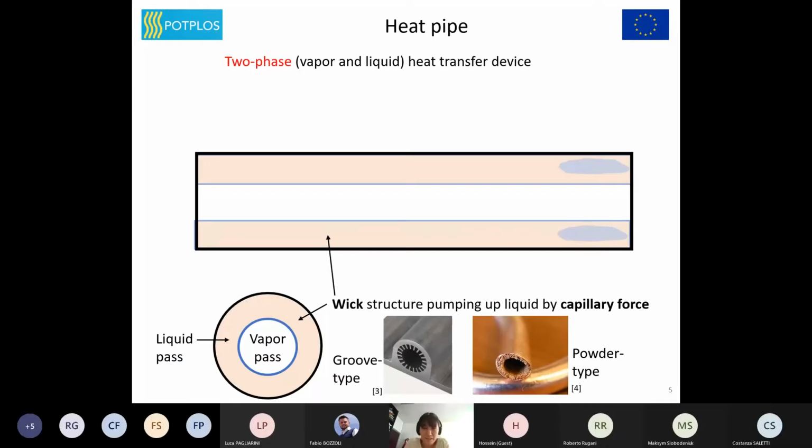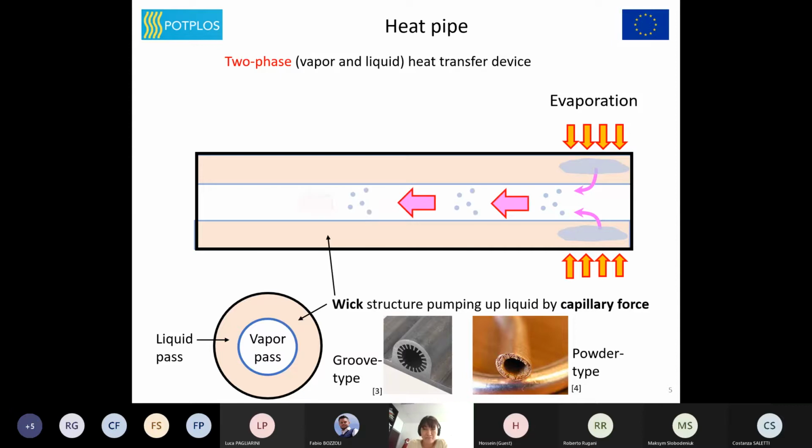They are heat pipes. A heat pipe is a two-phase heat transfer device. Inside the heat pipe, fluid circulates in the gas and liquid phases. When heat is input to one end of the heat pipe, the fluid evaporates. The vapor moves to the other end, which is cooled, by the pressure difference.